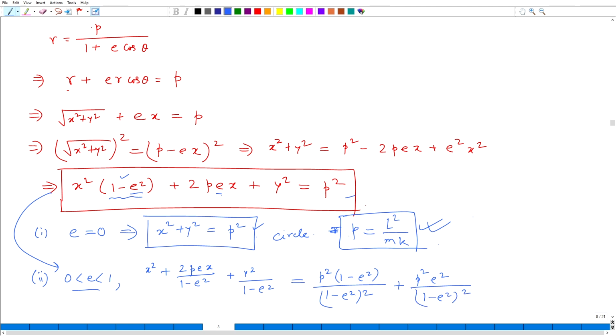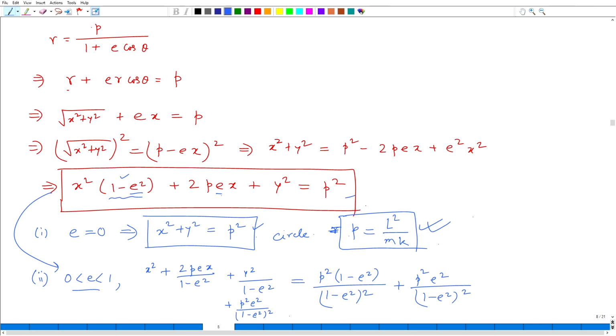If you just add them up, you will simply see that, just a minute, let me just check. Yes, I can write this. Actually, I have to add something over here, that is this quantity, 1 minus e square whole square.